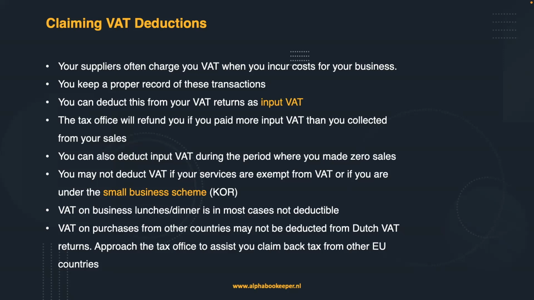There is a separate form that you can fill, and they will see if the other country can refund you. But the Dutch government cannot refund you the VAT that is not remitted to them. So your VAT form 5B is only for expenses you incurred within the Netherlands.